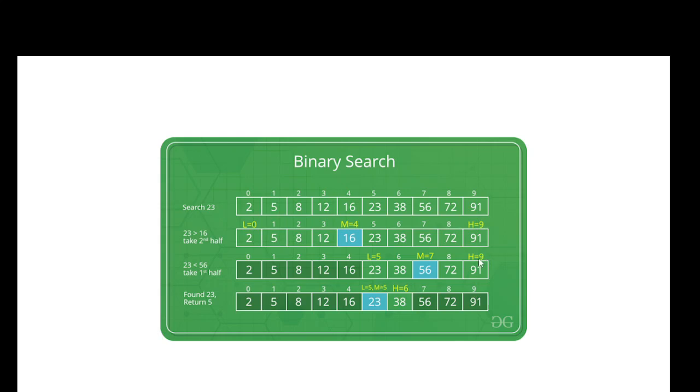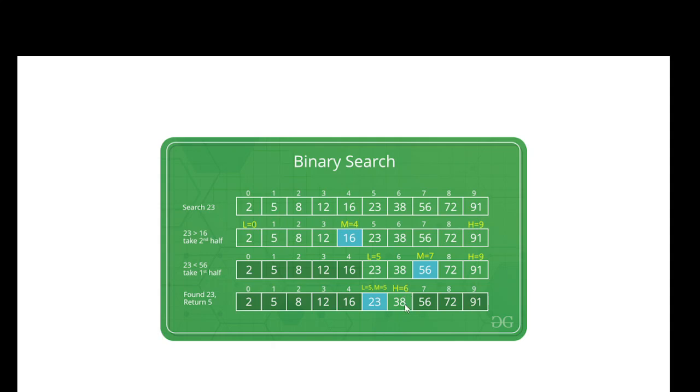So I now change the high pointer to this. If I want to change the right end of the list, I come to high. If I want to change the left half of the list, I come to low. And now the middle element will be 23. So it will give me this.